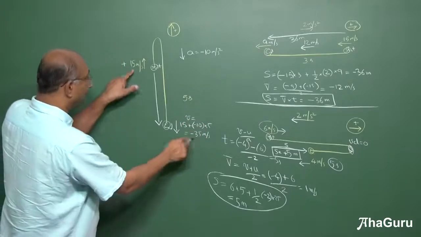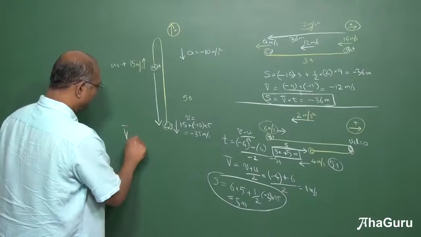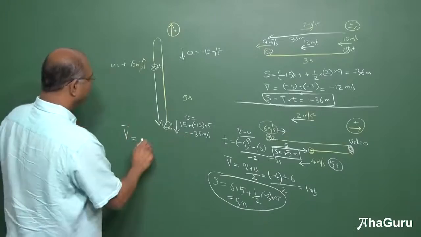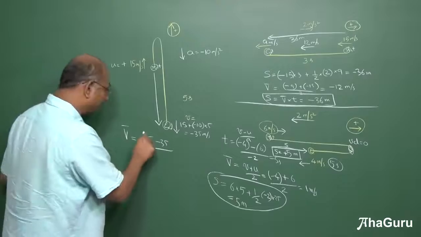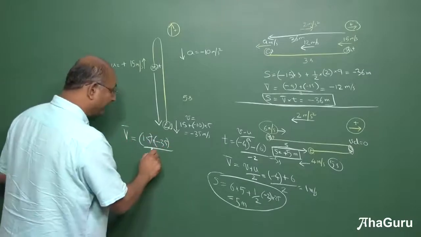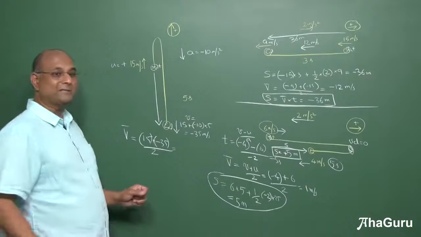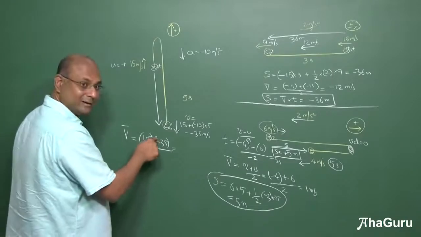What is average velocity? Average velocity is u plus v by 2, which is 15 plus minus 35, which is 15 minus 35 divided by 2. What is 15 minus 35? 15 minus 35 is minus 20. Correct?